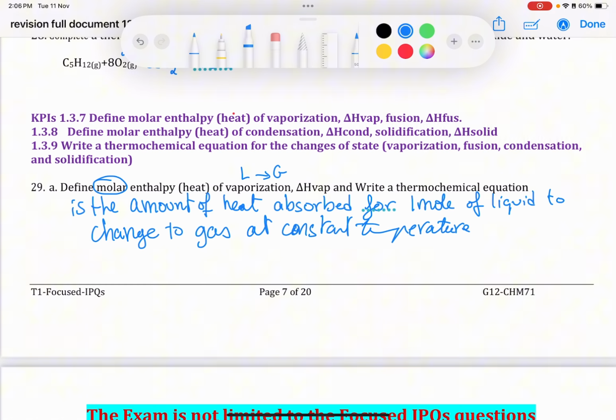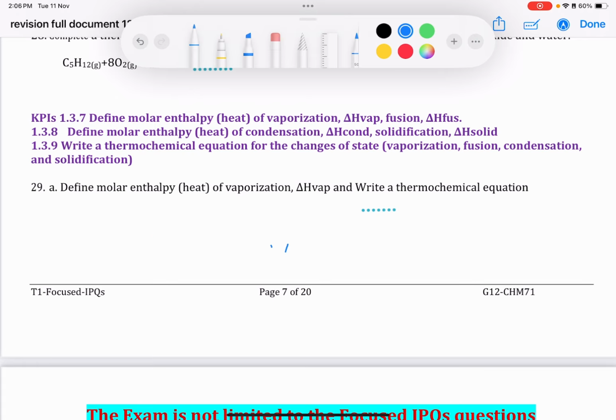Now, because heat is absorbed, this kind of change is endothermic, and it will have a delta H that is positive.